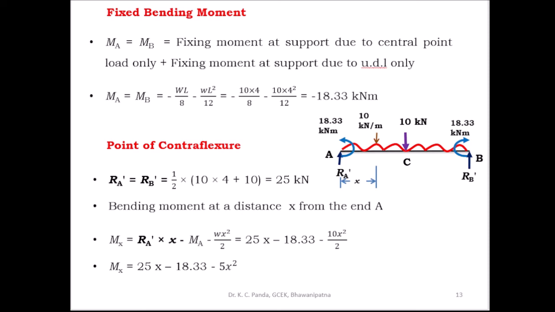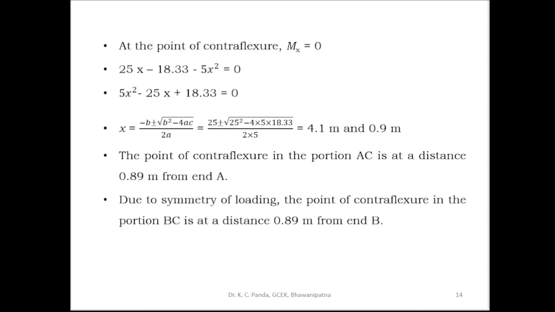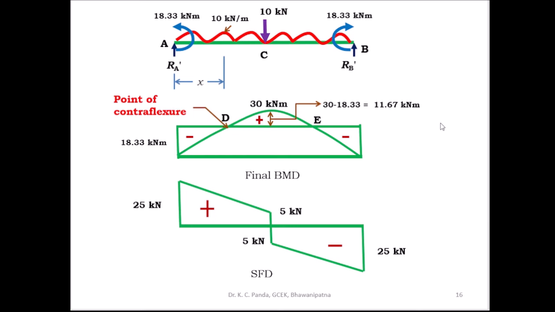Then after knowing the fixing moment, you can draw the combined bending moment diagram. So this is the combined bending moment diagram or final bending moment diagram. Here you know the fixing moment at end A minus 18.33 and at end B minus 18.33 kilonewton meter. And this is the free bending moment diagram, already you know.